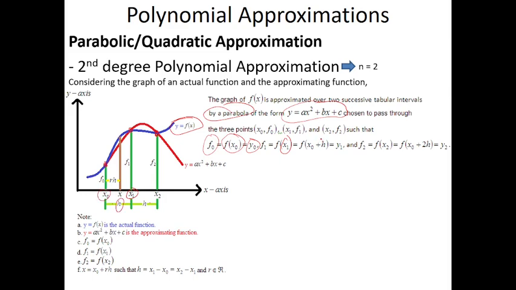Based from the graph, x sub 1 is x sub 0 plus h. That's the transformation. Then also f sub 2 equals f of x sub 2 equals f of x sub 0 plus 2h, since x sub 2 is x sub 0 plus h plus h, which is x sub 0 plus 2h. That is equal to y sub 2.